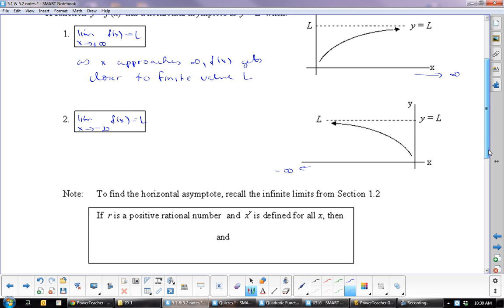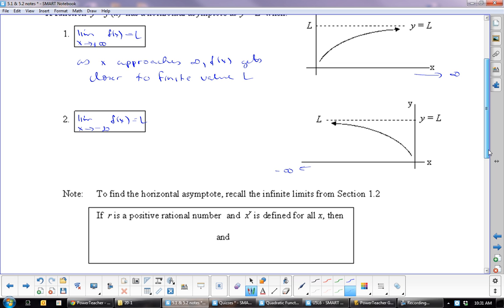So the only times that I found, just about every time, if it goes to like 2/3 on the one side, it goes to 2/3 on the other side. Or if it goes to 0 on one side, it goes to 0 on the other. But it's when it goes to infinity on one side, does it go to infinity on the other side, or negative infinity?